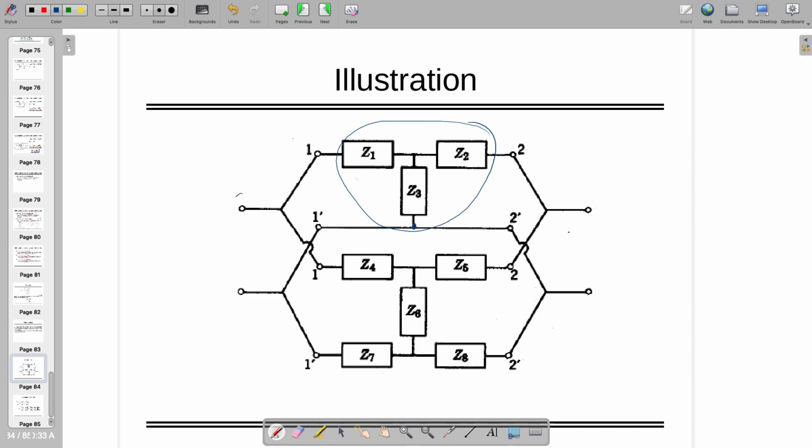So this is the effective two port, right? This might be having V2 and this might be having V1, and this one might be I1, this might be I2, or whatever way you want to do it. V1 prime, V2 prime, I2 prime, I1 prime, whatever you want.